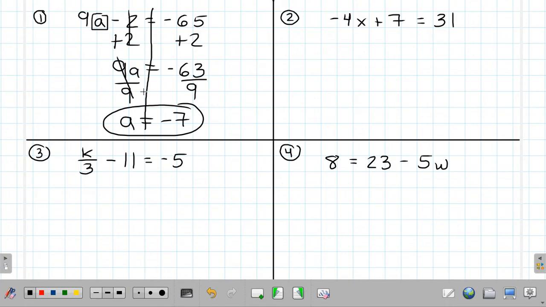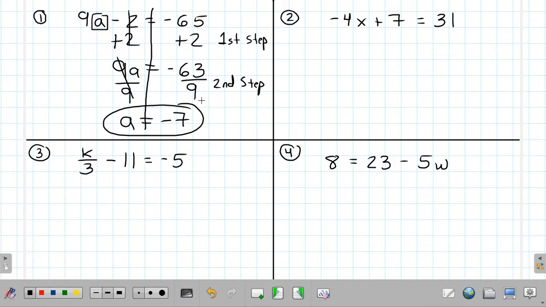Then I needed to divide by 9, which is the second step. So first step. And this was second step. Okay, and that's why we call it a two-step equation, because we had to do two operations. We had to add 2, then we had to divide by 9.